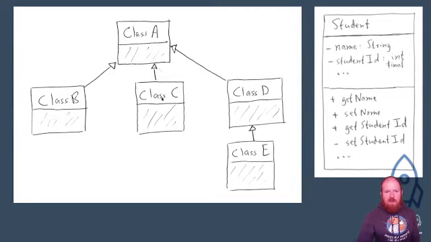And then also, even if you don't draw it, you need to know how all the classes align. So the class A up here is your cat class, and then class B could be a house cat, class C could be a tiger, class D could be some other cat, and then class E could be a subclass of that. Just knowing how everything aligns to each other.